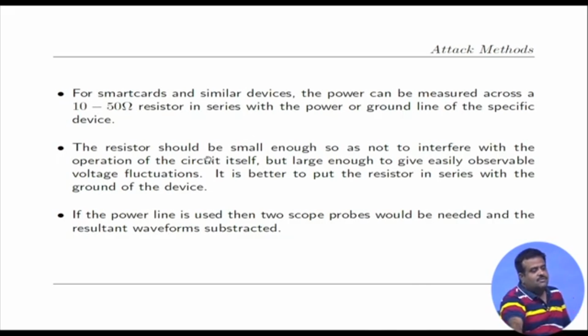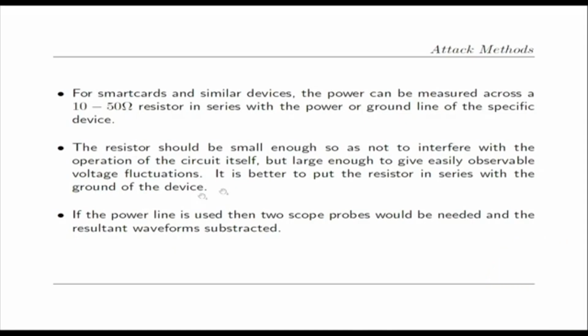The resistor should be small enough not to interfere with the operation of the circuit itself, but large enough to give an easily observable voltage fluctuation. It is better to put the resistor in series with the ground of the device. If the power line is used, then two scope probes would be needed and the resultant waveforms subtracted.